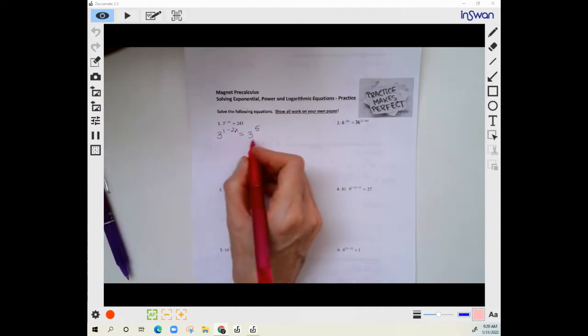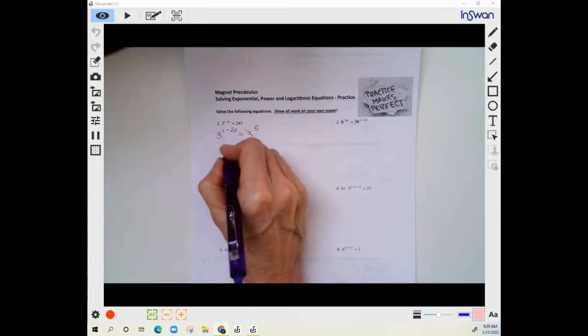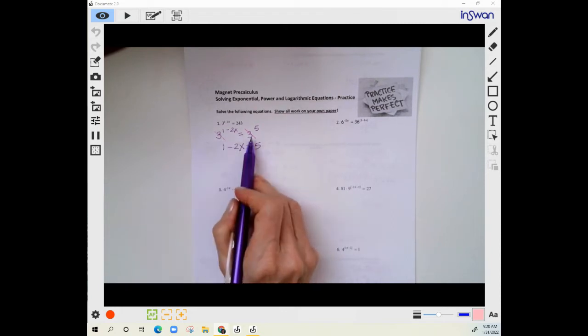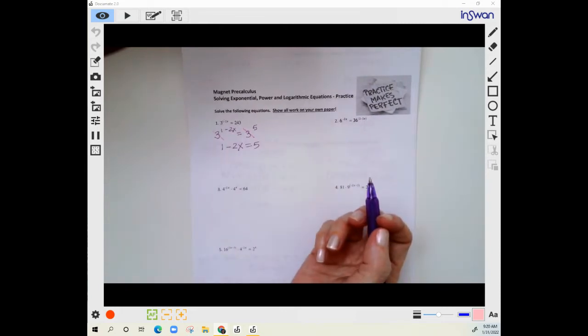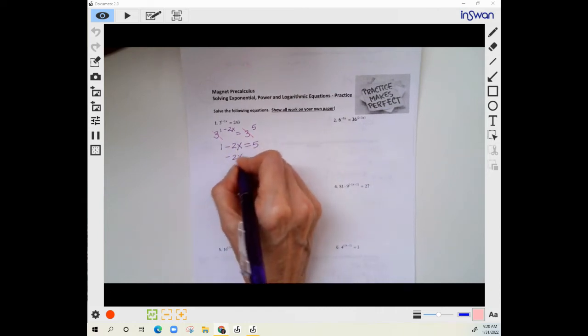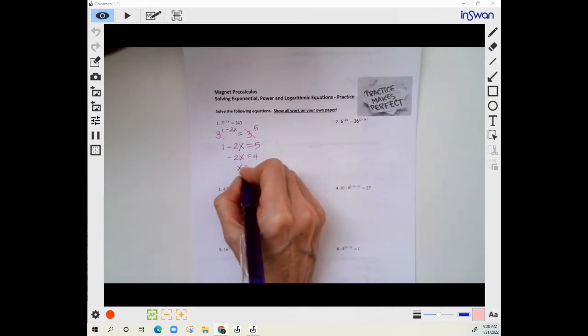And once the bases match, I can cross those out and set the exponents equal. The idea is if the bases are equal, then the exponents must be equal as well. And then I'm just solving for x. So I'm going to subtract 1 from both sides and divide by -2.